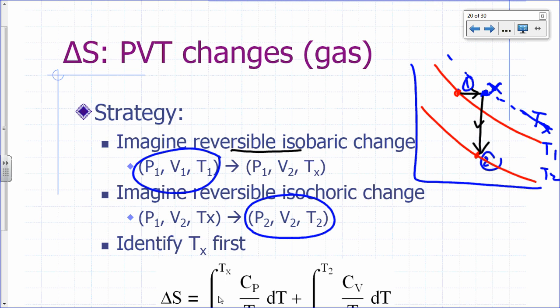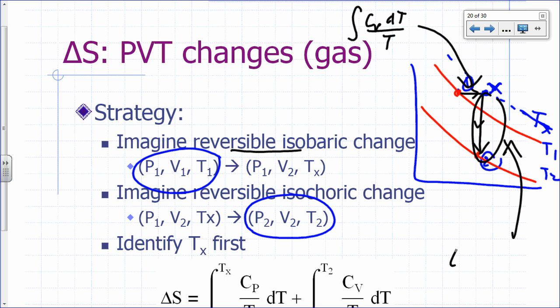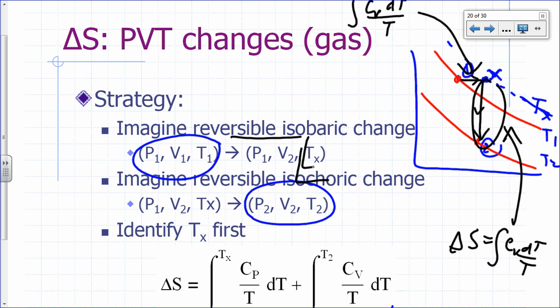And for this step right here, delta S is the integral of Cv dT over T. Okay? But you do need to identify that T sub X. How would you know that intermediate temperature?